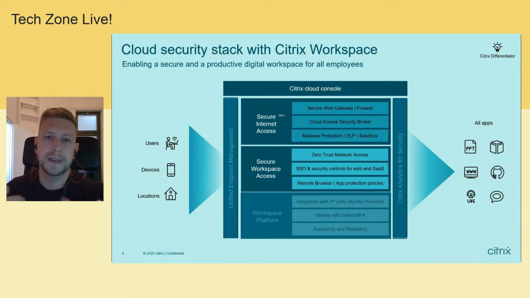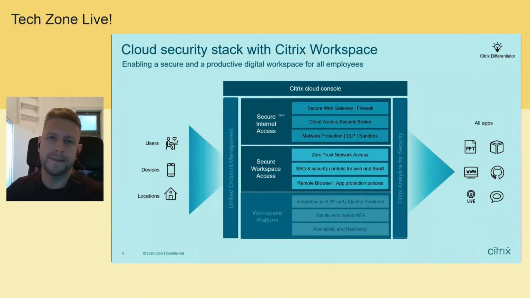So instead of giving users direct, unfiltered, uncontrolled access to the internet, we are going to proxy this through Secure Internet Access, which means we get a lot of security capabilities: secure web gateways, web firewalling, CASBs, malware protection, DLP, sandboxing, and so on. So that adds the one missing element into the entire stack of our products, back to the puzzle that I showed you before, right? To complete that puzzle and add the missing piece.